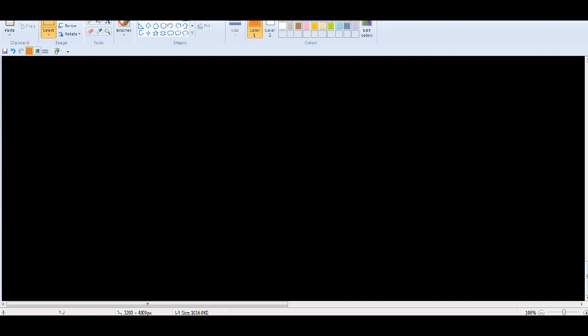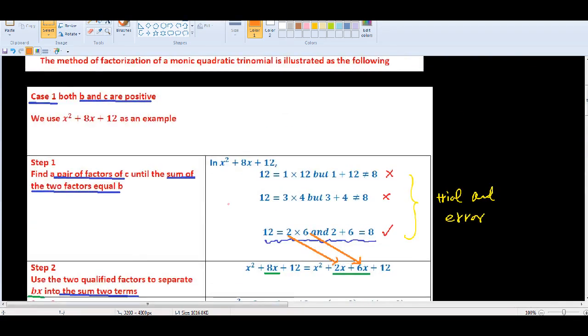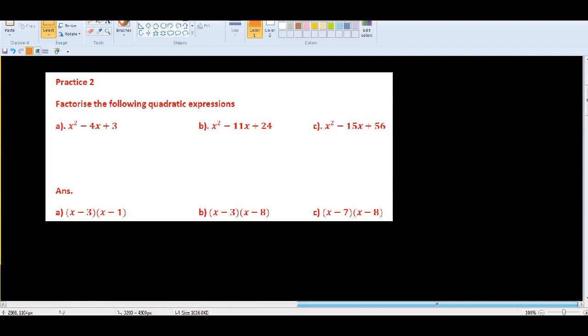Okay, so possibly time for some exercise. Let's see, minus x squared minus 4x plus 3. Okay, let's see what happens. If I'm going to do it, I'm going to use blue color. So let's think about 3. What factors can we have for 3?